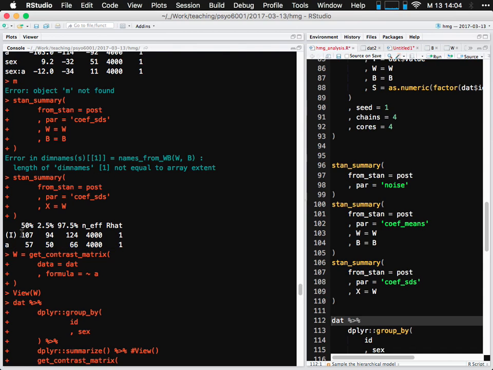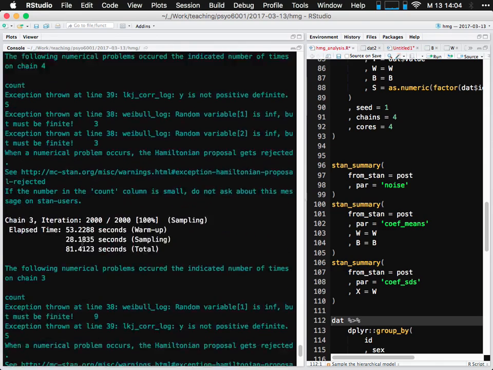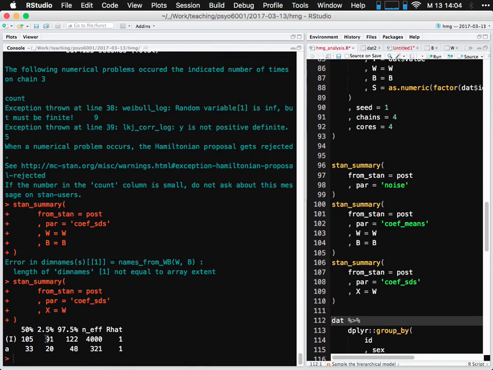We estimated variability in the intercept between 94 and 124, variability in the effect between 50 and 66. So we haven't changed the variability intercept that much, but the estimated variability in the manifestation of the effect has gone down. So we're seeing that there actually is much more consistency from one person to another in the manifestation of the effect relative to when we couldn't see the magnitude of noise.